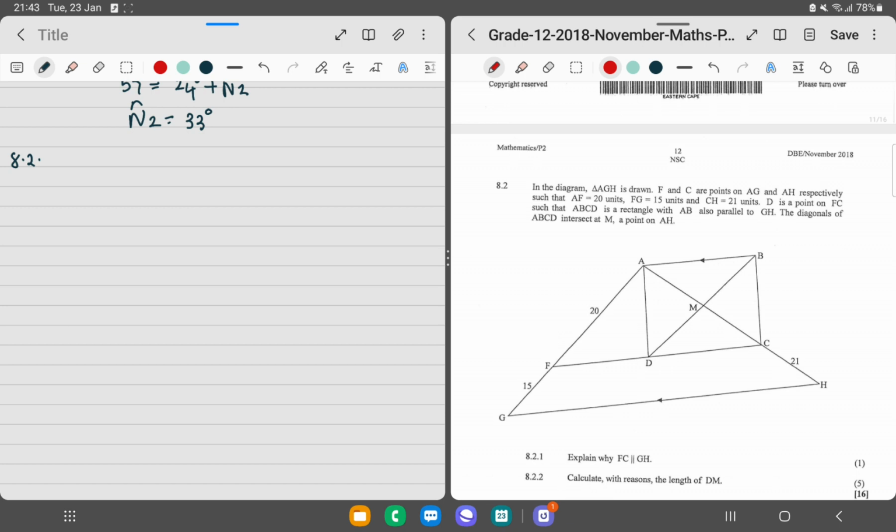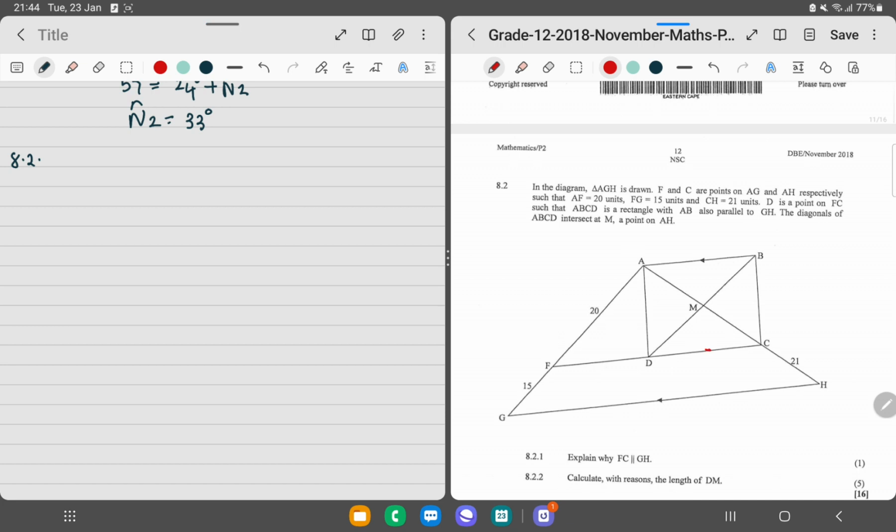D is a point on FC such that ABCD is a rectangle with AB also parallel to GH. The diagonals of ABCD intersect at M, a point on AH.